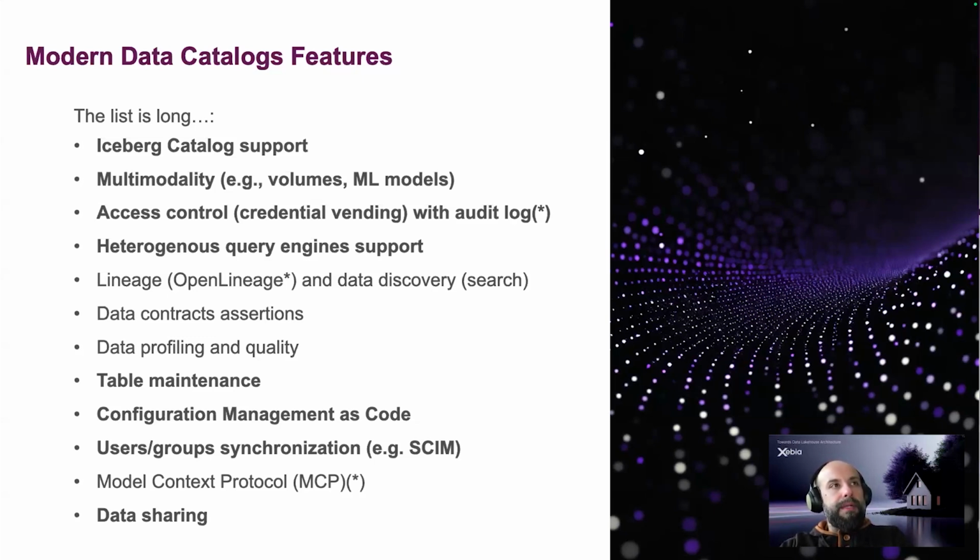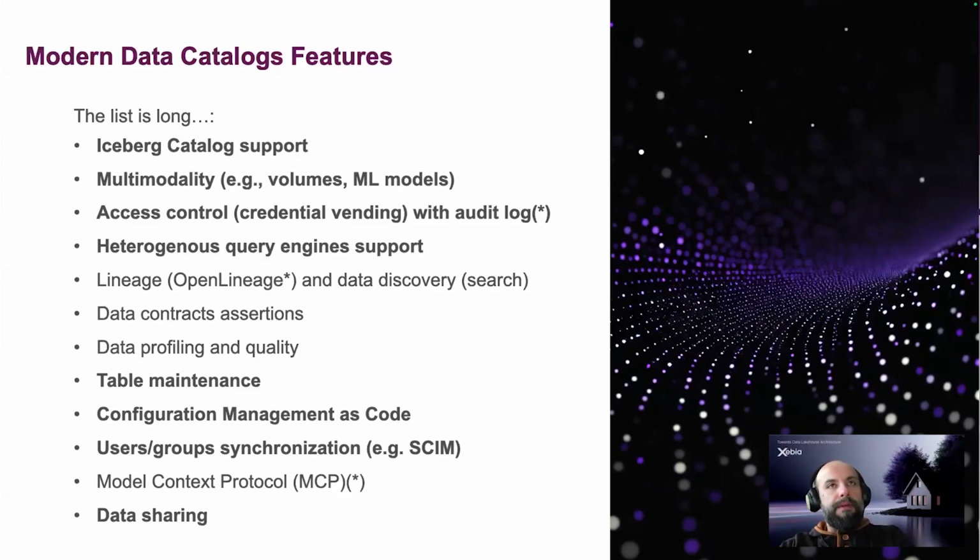Right now, as we in the data world, and not only, are strong advocates of the Ops manifesto, the Ops movement. Here we also observe that many catalogs, especially the proprietary ones, support configuration management as code.